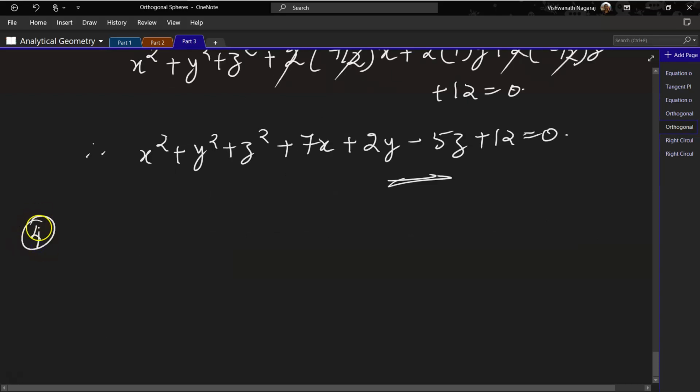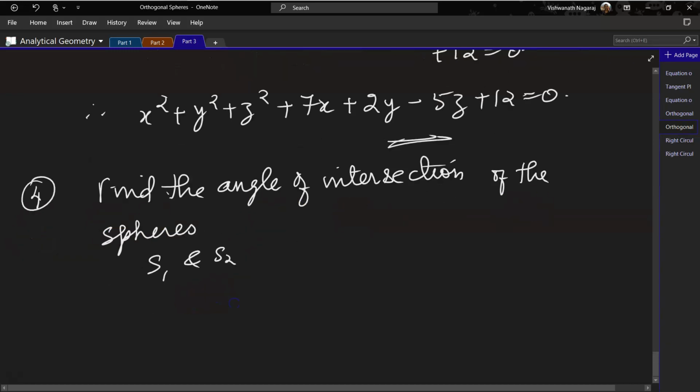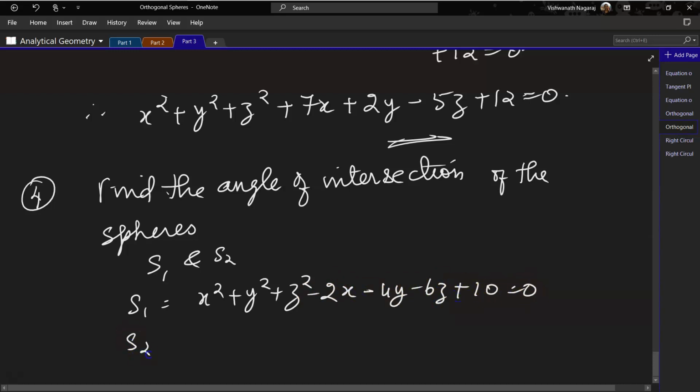Now let's look at the next one. Find the angle of intersection of the spheres S1 and S2, where S1 is equal to x square plus y square plus z square minus 2x minus 4y minus 6z plus 10 equal to 0, and S2 is equal to x square plus y square plus z square minus 6x minus 2y minus 2z plus 2 equal to 0.